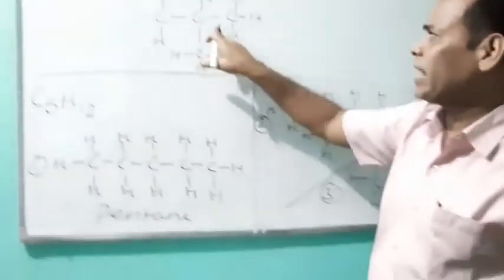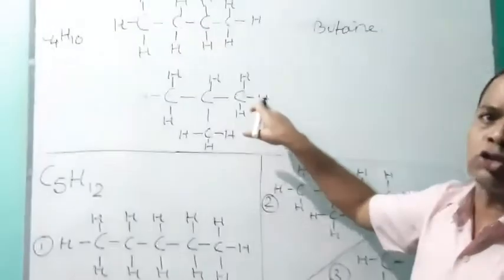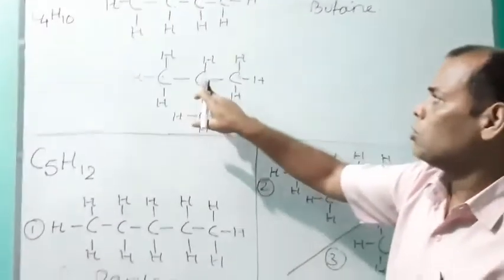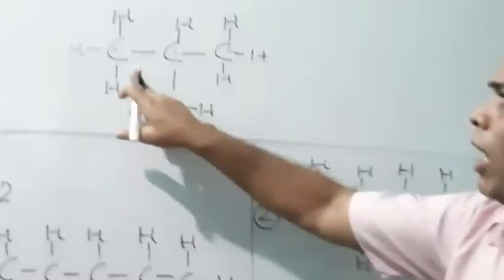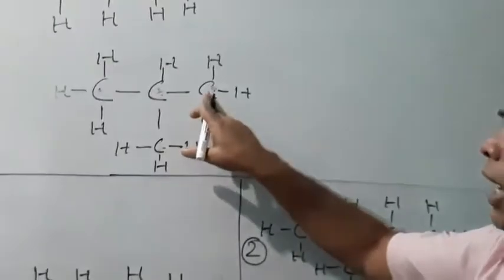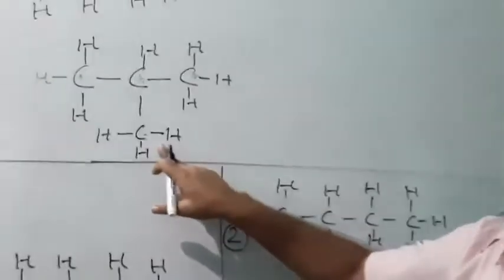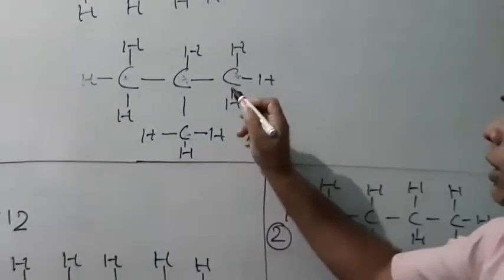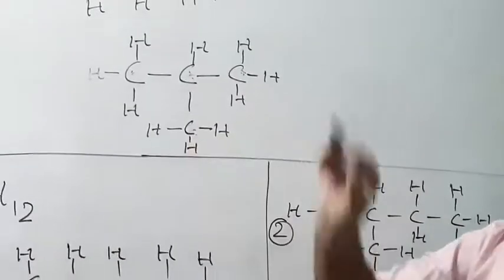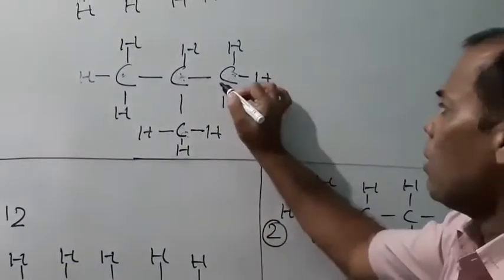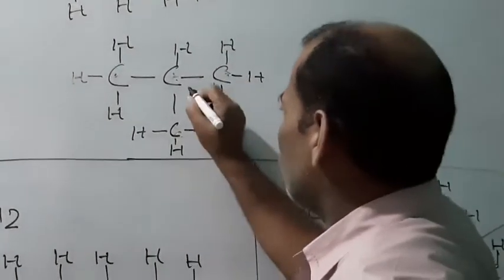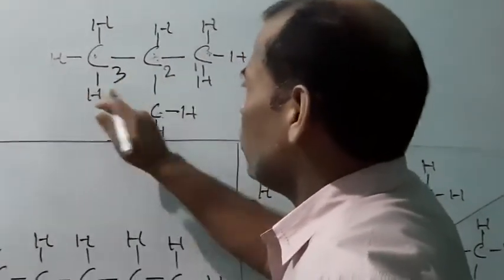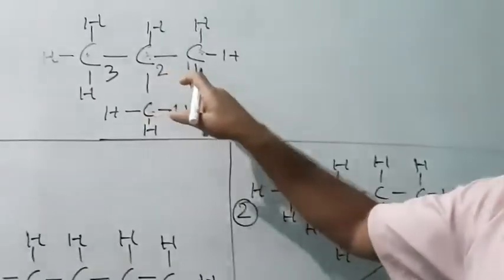But here you see, C4H10 could be written in this manner also. 1, 2, 3. And this is a branch. So the branch is at the second carbon. You may count from this way also.